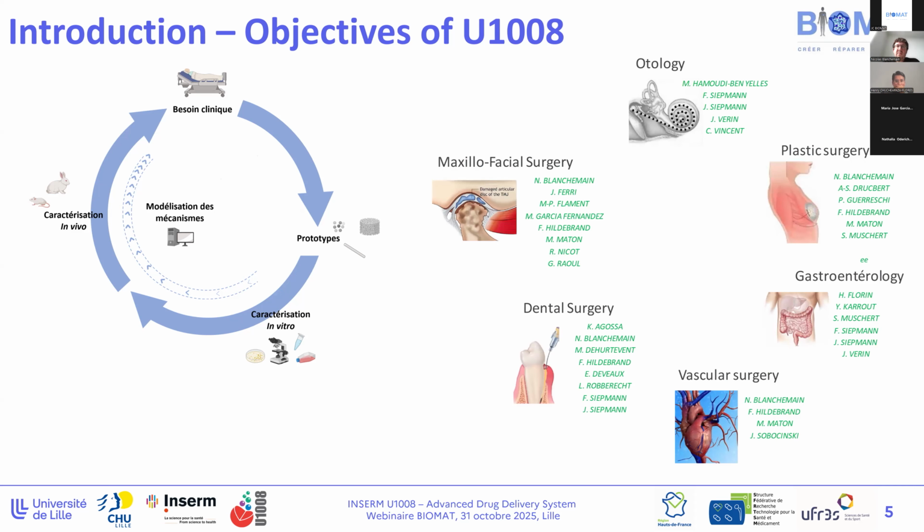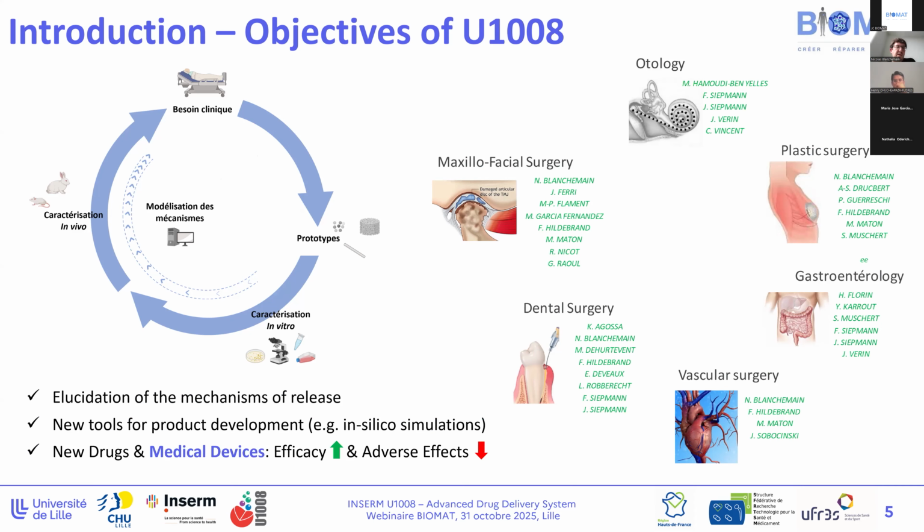In our lab, we have 6 therapeutic fields. We work in otology, plastic surgery, gastroenterology, vascular surgery, dental surgery, and maxillofacial surgery. And for each field, we have a team of researchers and clinicians who work to develop the system. In each case, we try to elucidate the mechanism of release.